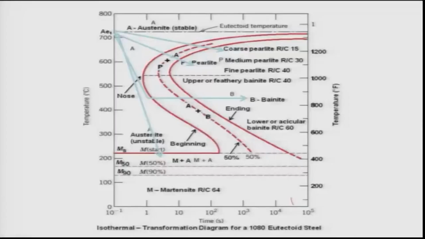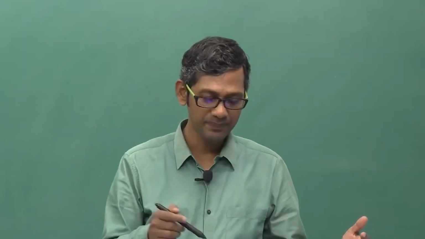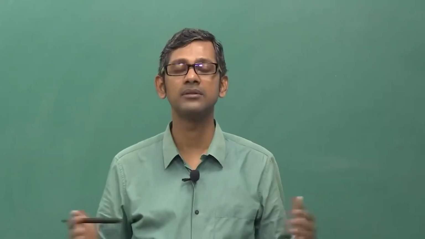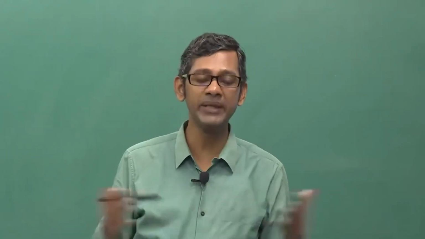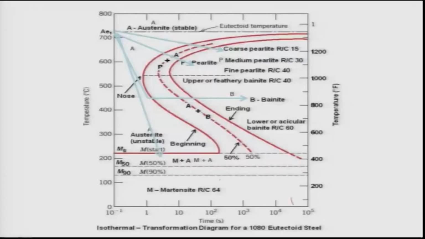So Ms is the transformation temperature, and then 50% and 90% transformation lines are given, because martensite happens very fast, that is why there is no time dependence, it only depends on the temperature. If you quench below certain temperatures, only 50% or 90% transformation will happen, but it will happen like a burst, immediately. It happens at about the speed of sound in the steel. That is why these lines are drawn like that.